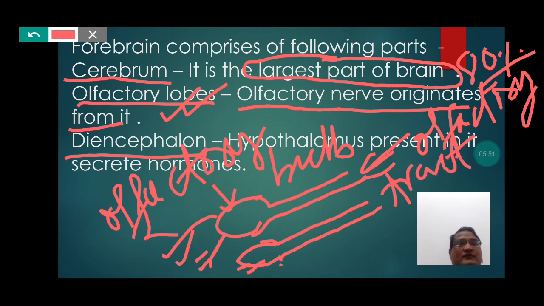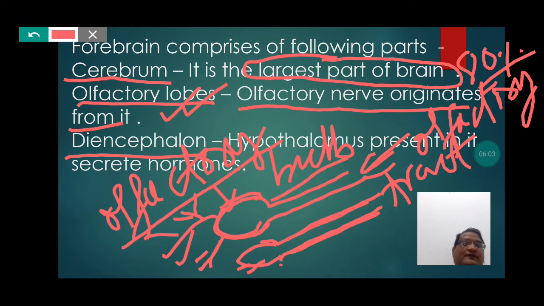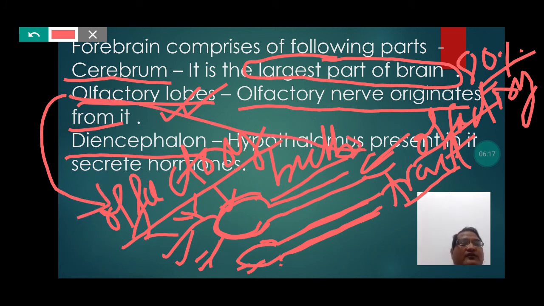So students, the bulb structure which you can see here from which the nerves are originating is called the olfactory bulb, and the tail-like tubular structure which you can see at the ventral side of the olfactory lobes is called the olfactory tract. Students, we can also say that olfactory lobe is differentiated into two important parts, olfactory bulb and olfactory tract.